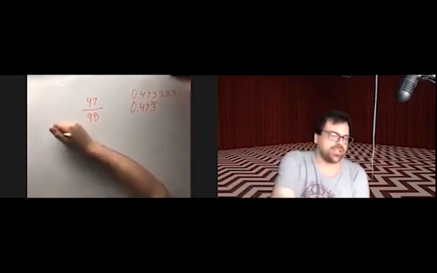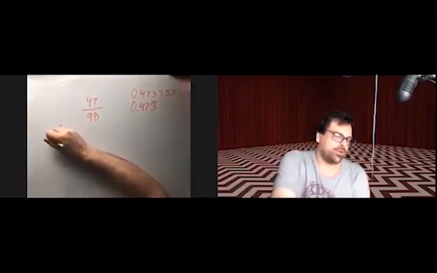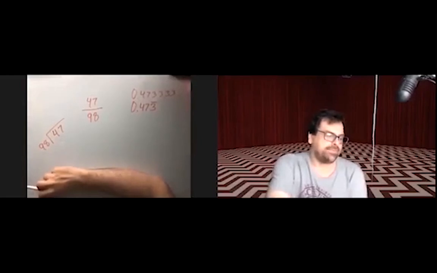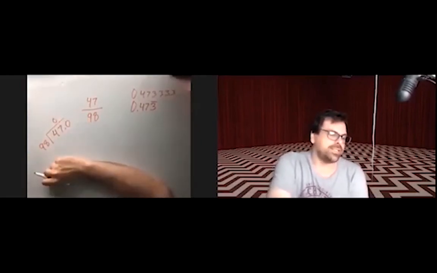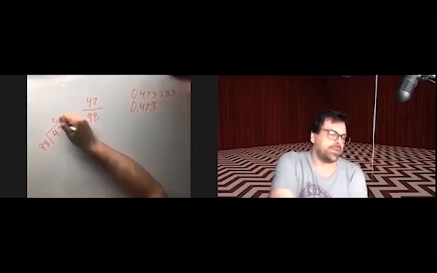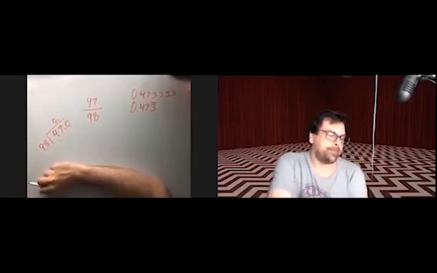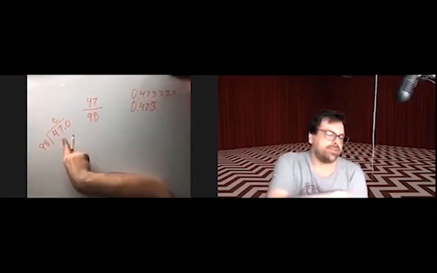So let's turn this fraction into a decimal. 47 divided by 98. Goes in 0 times. Give ourselves a 0., bring the decimal point up. 98 goes into 470.